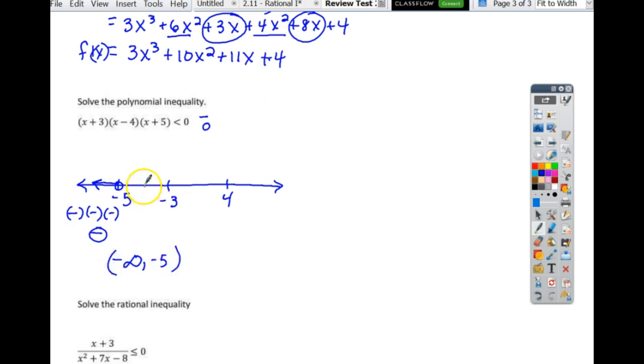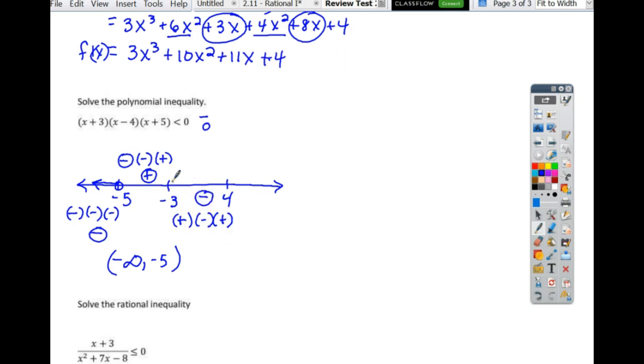Next, I'm going to test in here. So if I test negative 4, that gives me a negative times a negative times a positive. So this is a positive interval, so I don't want that. Next, I'm going to test in here. So if I use 0, I'm going to get a positive, a negative, and a positive, which gives me a negative interval.